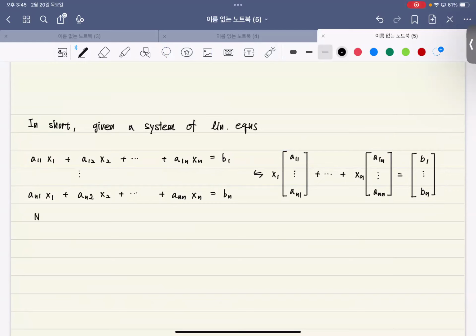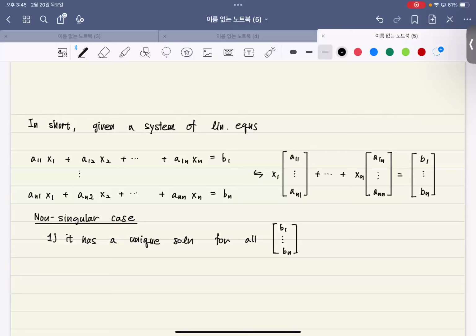The first case is the non-singular case. That is, the system has a unique solution for every possible choice of the column vector on your right. This is the first possible scenario of this given linear system.